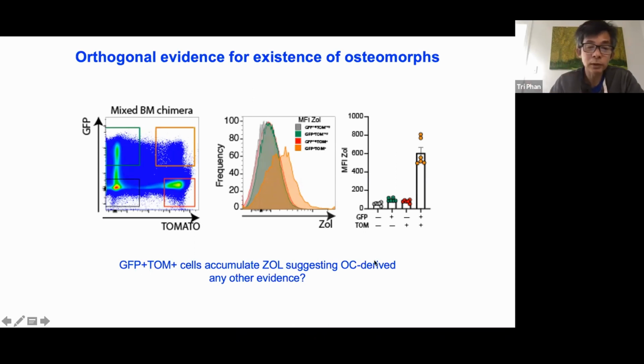And also because we can do flow cytometry, that means we can sort them. So we sort them, we can show that they can form osteoclasts, at least on calvaria, in ex vivo cultures, but also more importantly, it means that we can do single cell RNA sequencing to look at the transcriptional state. And if they were a separate cell state, then that should be quite clear from that analysis.